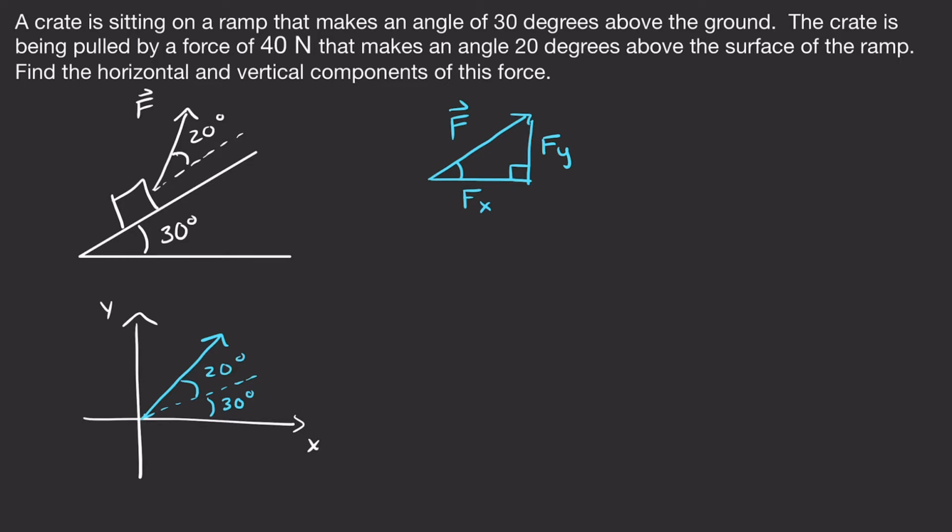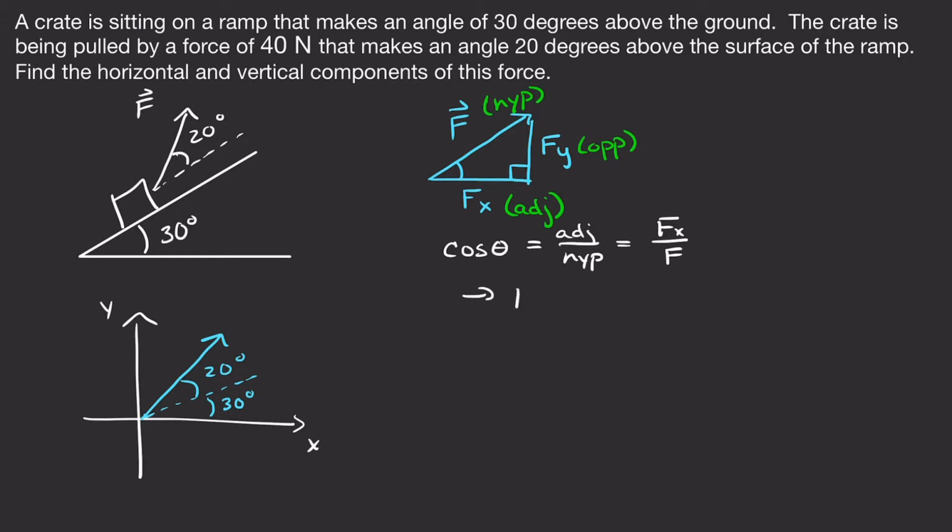In this triangle, the y component is my opposite side, the x component is my adjacent side, and as always, my vector is the hypotenuse. So I can use my definitions of cosine and sine. Cosine is adjacent over hypotenuse, or Fx over F.